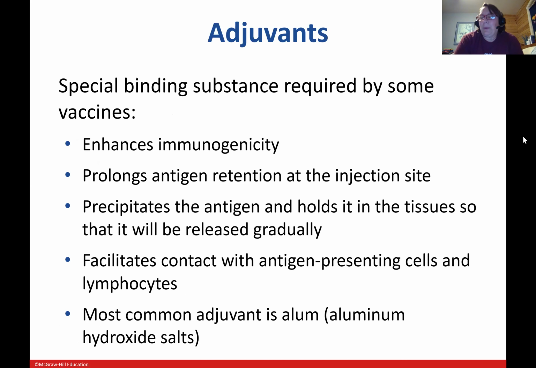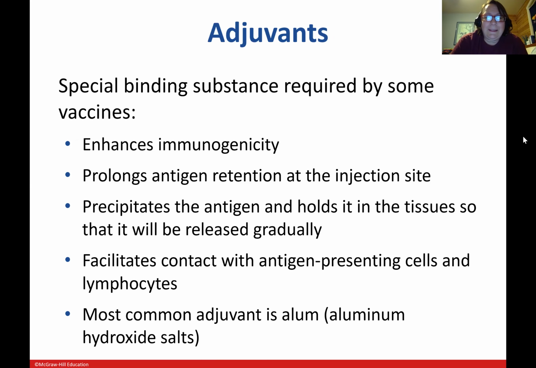There's another component to most vaccines called an adjuvant, and it has a number of different properties. First of all, it enhances the immunogenicity of the antigen, so it basically makes it more antigenic and gives you a bigger immune response. It also ties the antigen to the injection site to give a high enough concentration for macrophages to go and find it.